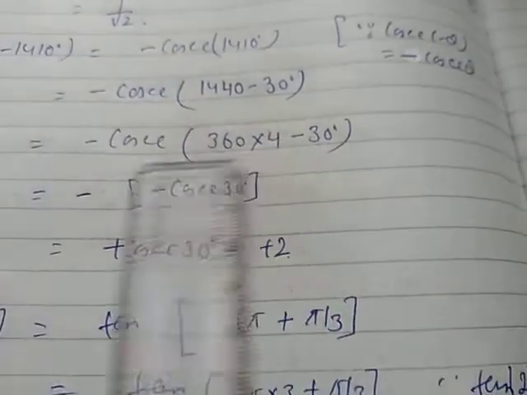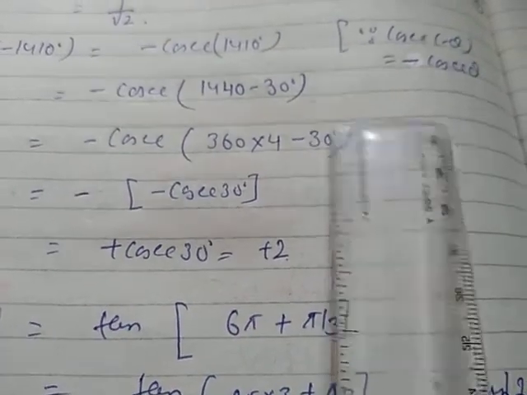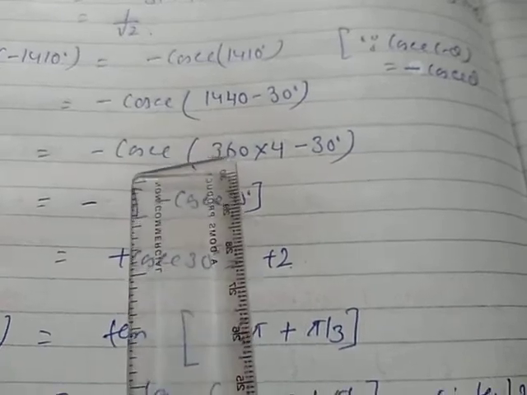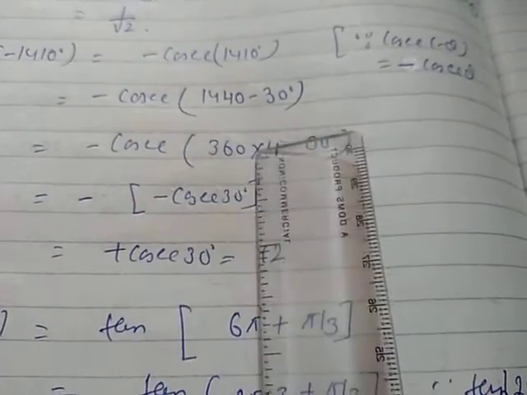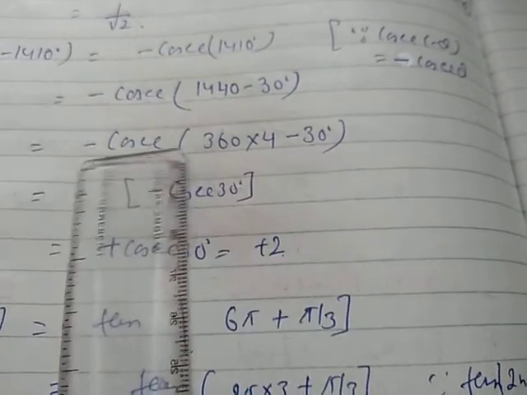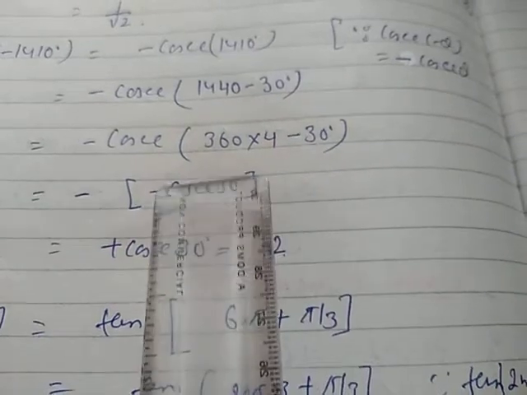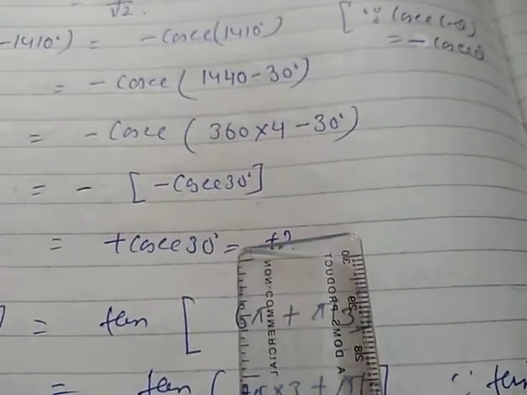I have written here it is 4 into 360 degree minus 30 degree. That means it is a multiple of 2 pi. Since 2 n pi minus theta always lies in the fourth quadrant, cosec 30 degree with negative sign, minus and minus positive, therefore it is cosec 30 degree, that is 2.